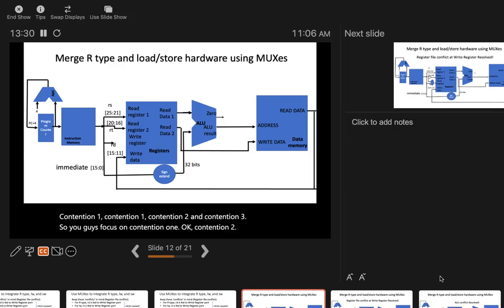And you, think about contention 3. Think about resolving contention number 3. 1, 2, 3. 3 boxes.